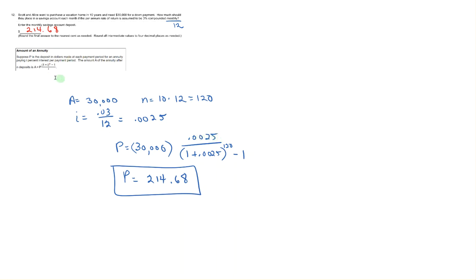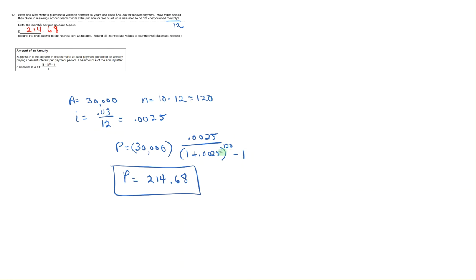So P equals A times I, divided by (1 plus I) raised to the n, minus 1, where I is 0.0025 and n was 120.